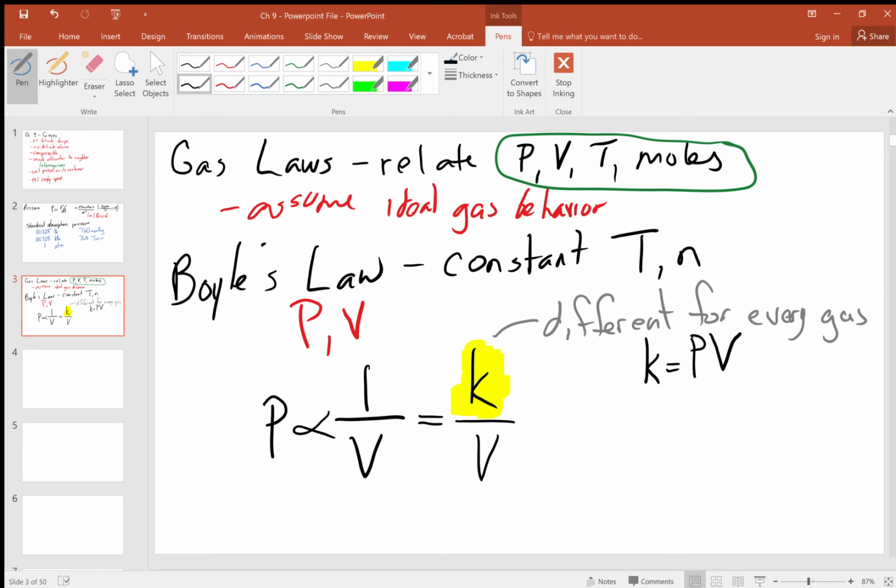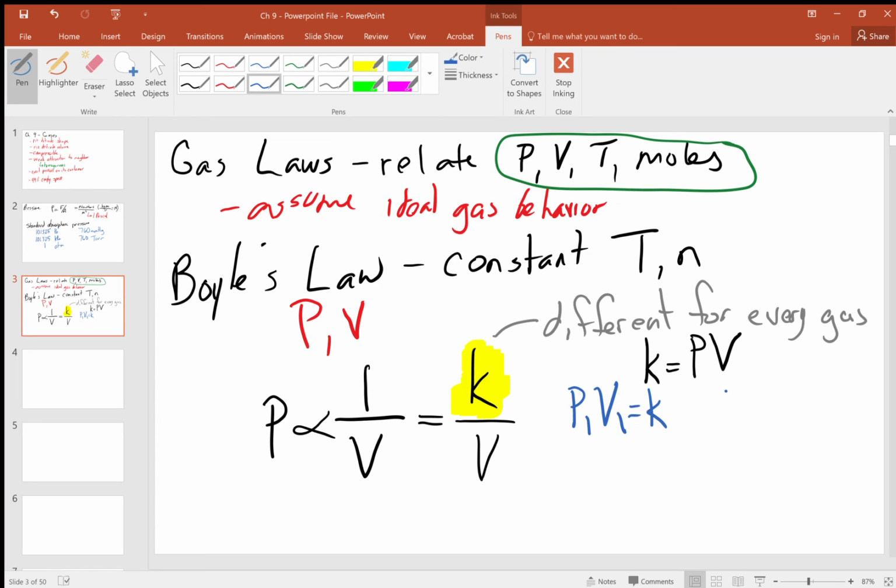And so now let's think of some sample of some gas. Doesn't matter what gas, but we're going to measure its pressure and volume at some point. And so we get P1 times V1 is equal to the constant K. Now we take that same sample of gas and we change the pressure, which will change its volume.